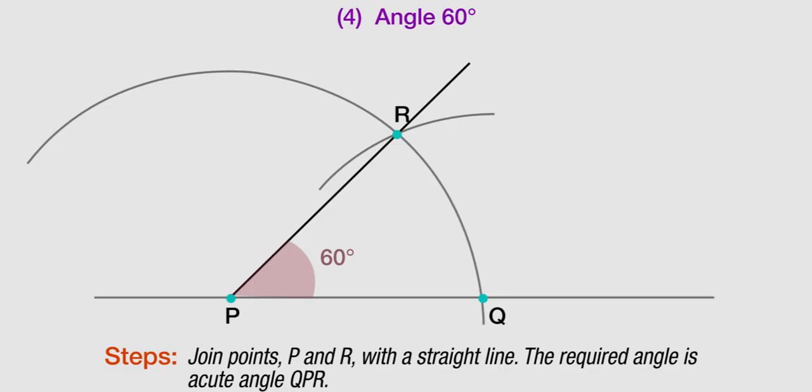Good. Now, once again, remember the angles on a straight line are supplementary. It means they add up to 180 degrees. So immediately you construct the angle 60 degrees, you have constructed the angle 120 degrees.